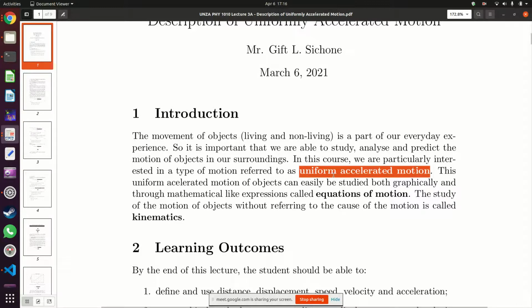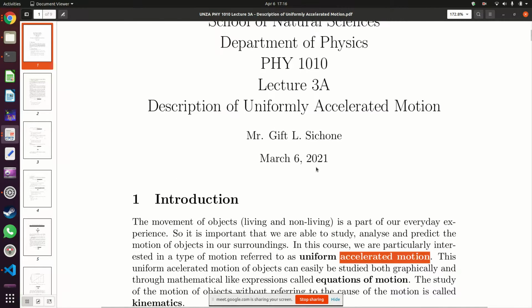That kind of motion, where the velocity or the speed of an object is not the same as time passes, is what is referred to as accelerated motion. When there is acceleration, the speed or velocity of an object changes with time.